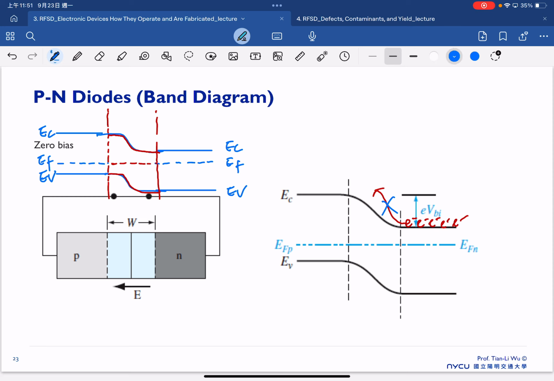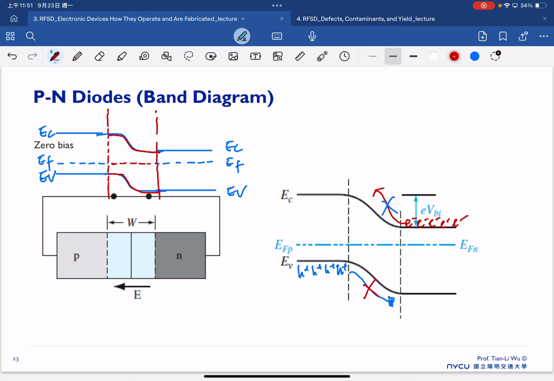Also, we have holes here. The holes cannot move to the right because of this barrier, this mountain, as well. So finally, we can completely forget what we were talking about in the last slide.